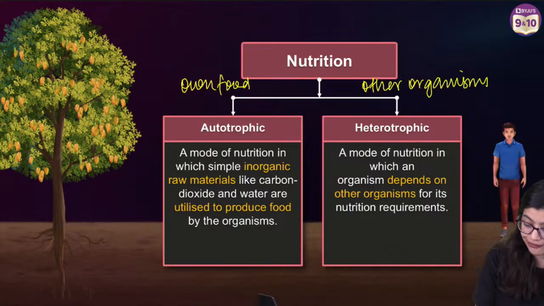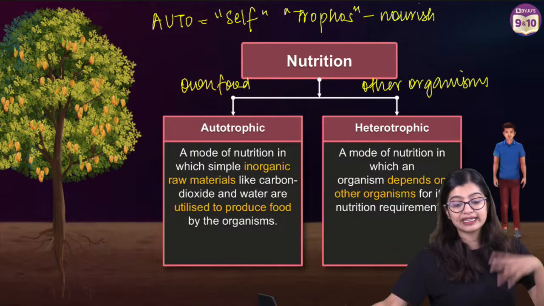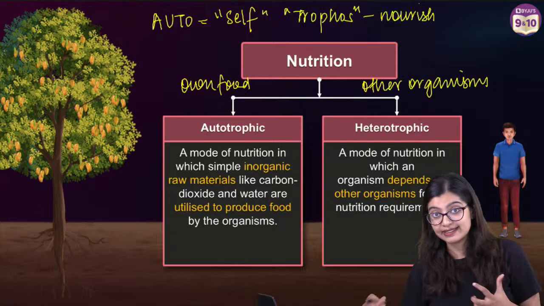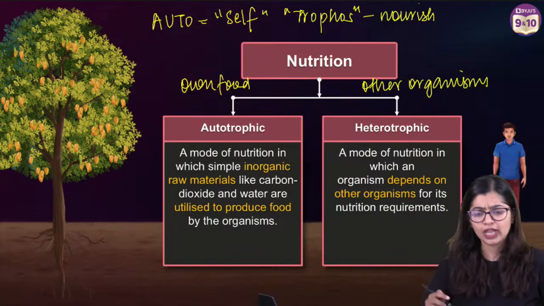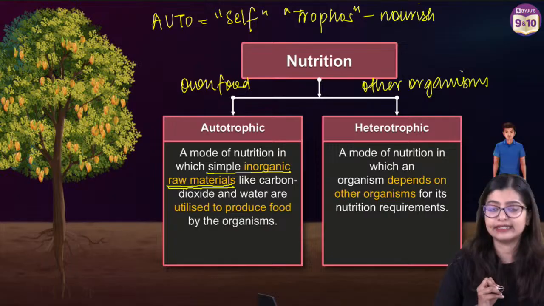Now, autotrophic. Auto means self, right? Trophos means nourishment or to nourish. Which means here in autotrophic mode of nutrition, these are organisms which can make their own food from simple inorganic raw materials.